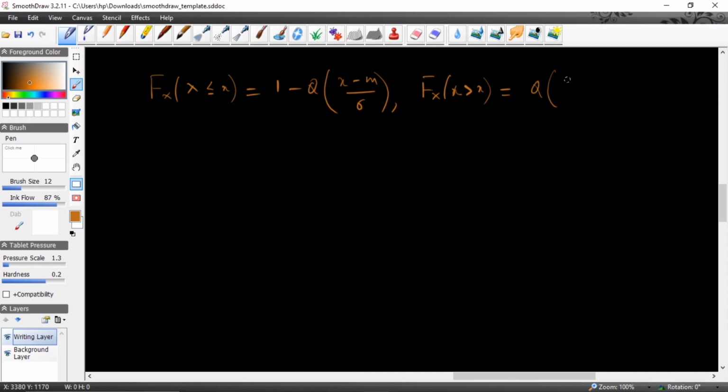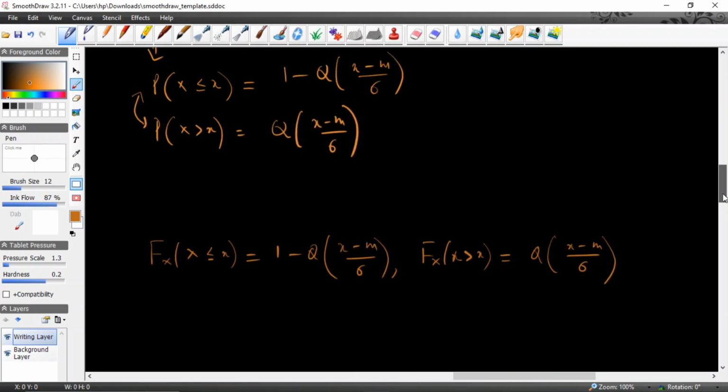So now I have two relations: F_X(x), the probability of X less than or equal to x, is 1 minus Q of (x minus m) over sigma, and the probability of X greater than x is Q of (x minus m) divided by sigma.